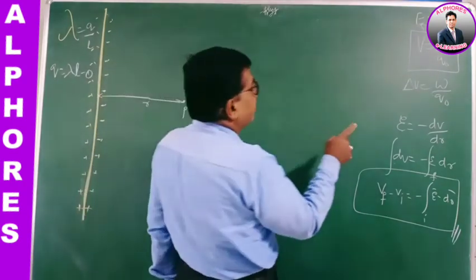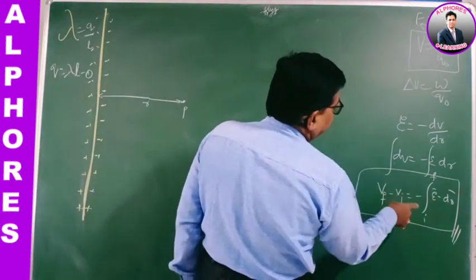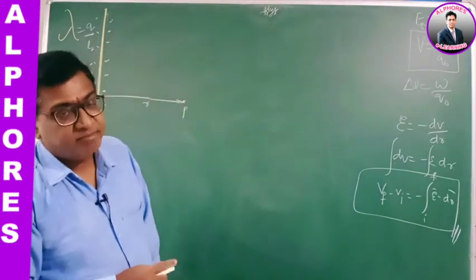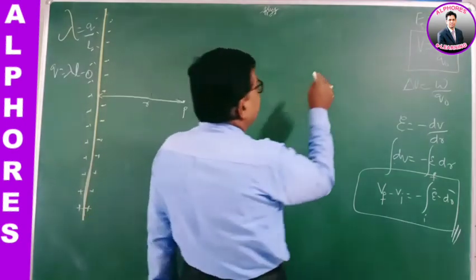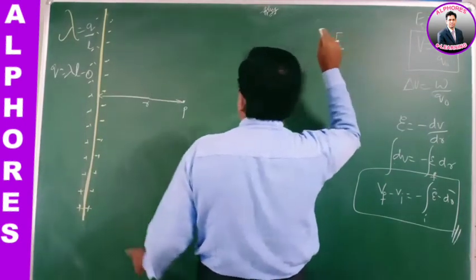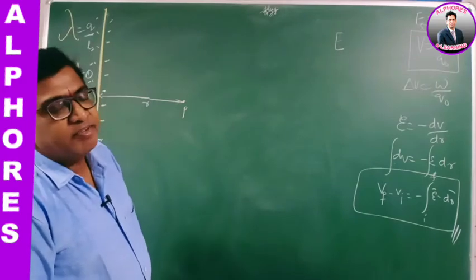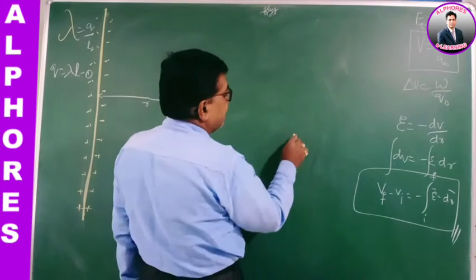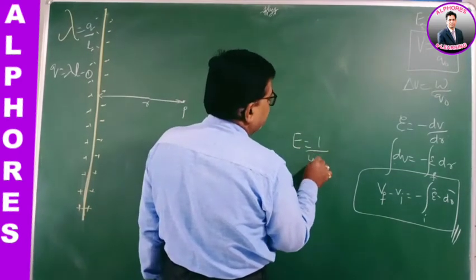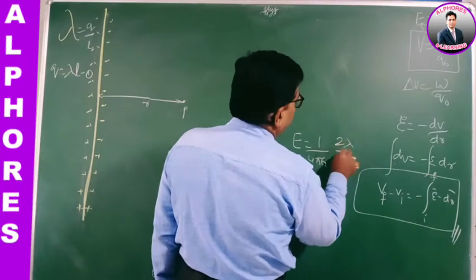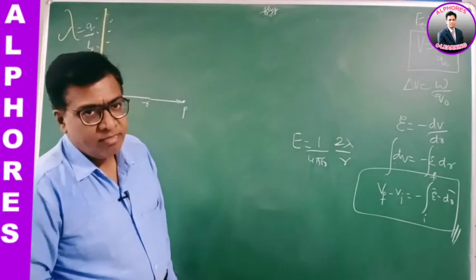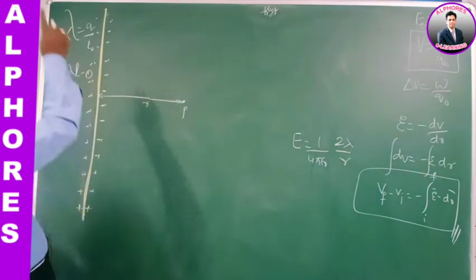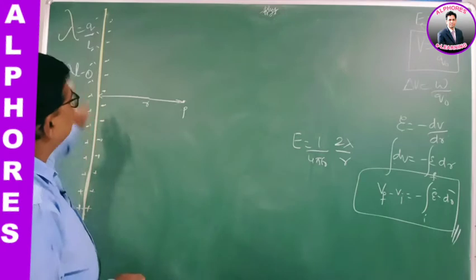We have to find the formula for potential based on the relation between potential and electric field. We have derived in Gauss law the electric field due to a linear charge. The electric field intensity of a line of charge, E, is given as 1 by 4 pi epsilon naught times 2 lambda by R, for an infinite long linear charge of uniform charge distribution lambda.